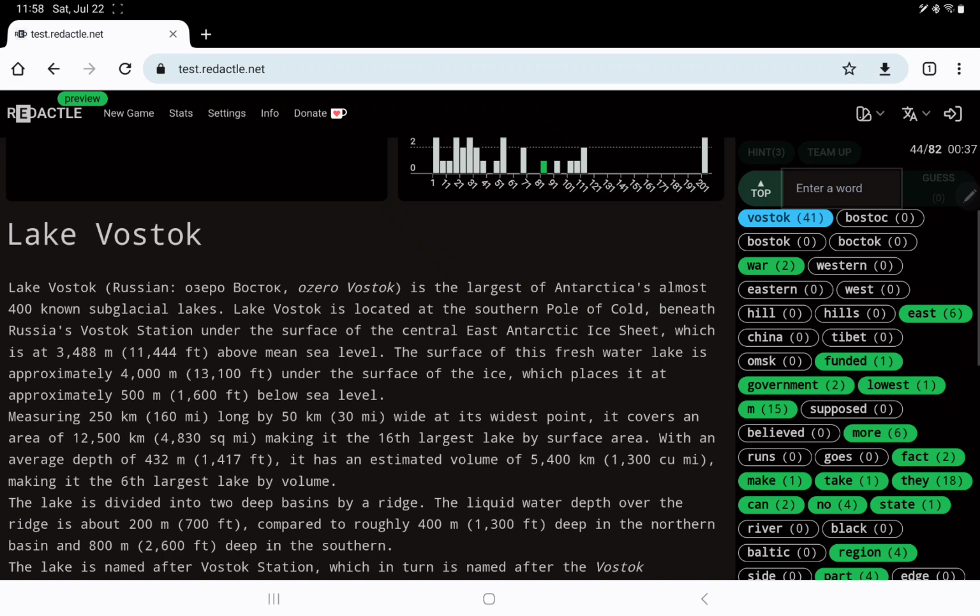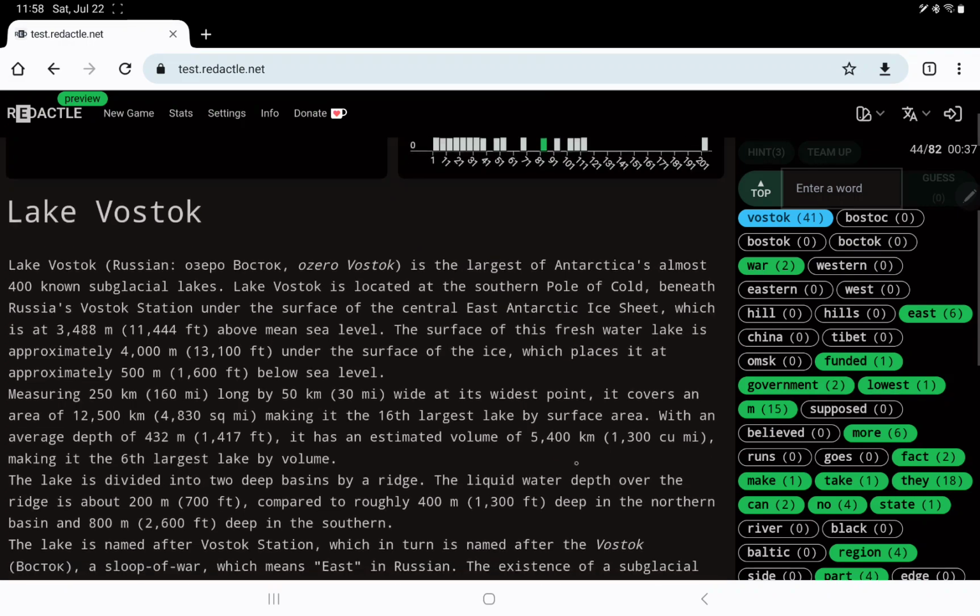Oh my goodness, for some reason I was just focused on it being near Russia or in Russia and didn't think that, of course, Russia has possessions down in the Antarctic. The Vostok station beneath Vostok, so it is underground, but it's under an ice sheet.